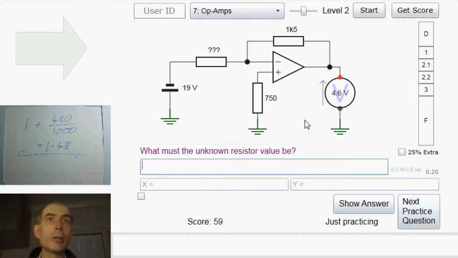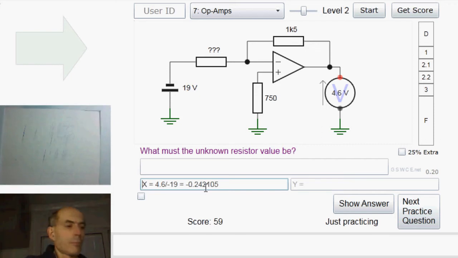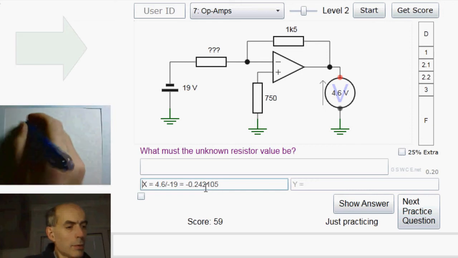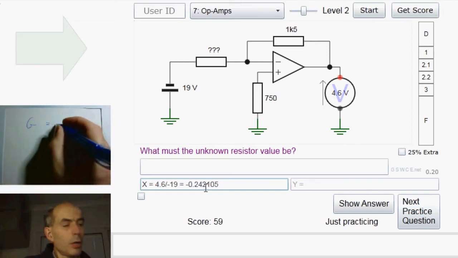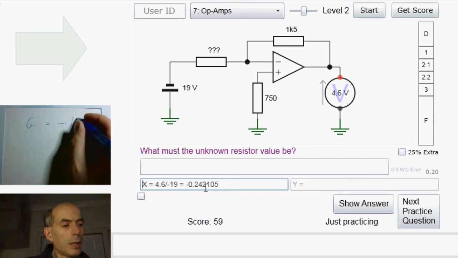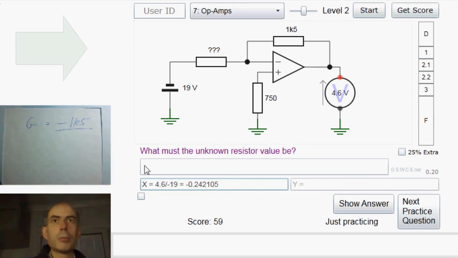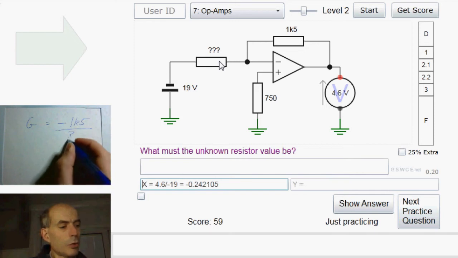The unknown resistor value here is going to be, let's see, what gain does this have? Well, it has an input of minus 19 volts and an output of 4.6. So the total gain of this circuit would be 4.6 divided by minus 19, or minus 0.242. And for an inverting amplifier like this, the gain is minus the feedback resistor, in our case 1k5, divided by the input resistor, which in our case we don't know.